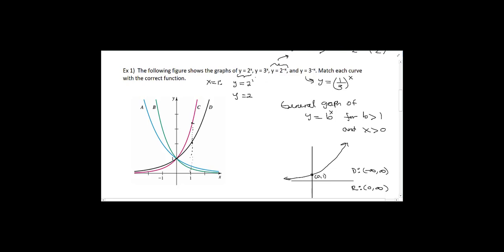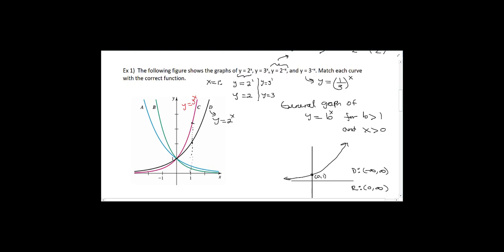And then when x is 1 for 3 to the x, you're going to have y equals 3 to the 1, which is 3. So then looking at these two, which one is which? So that means that D is the lower one, right? Between 2 and 3, 2 is the lower one. So this will be y equals 2 to the x. And then C over here will be y equals 3 to the x.